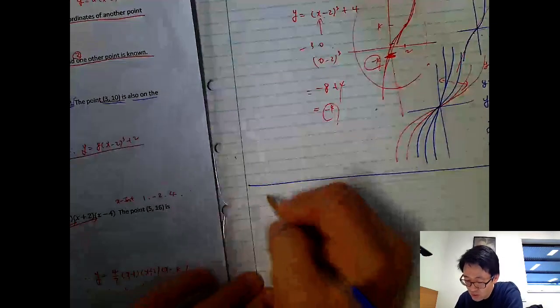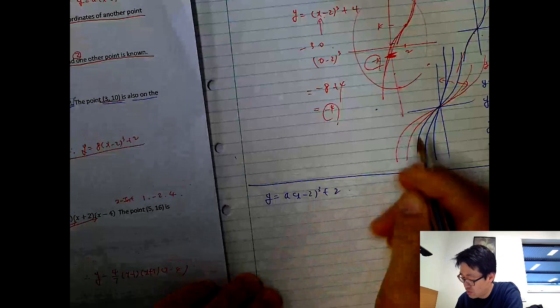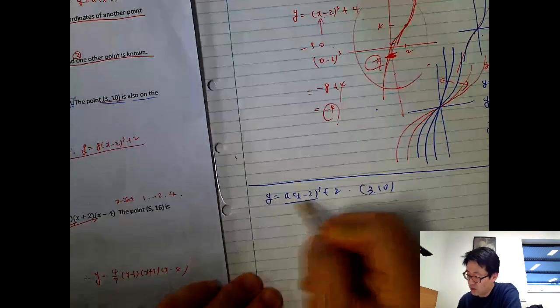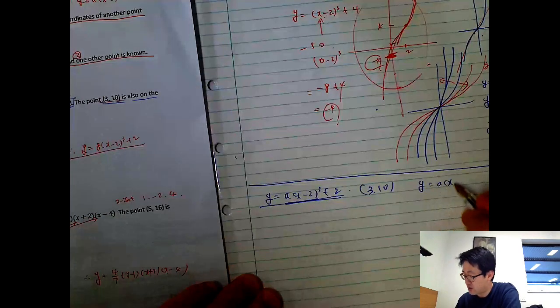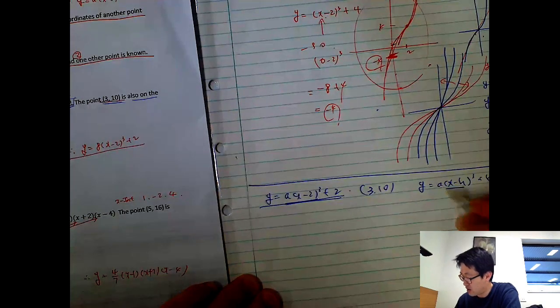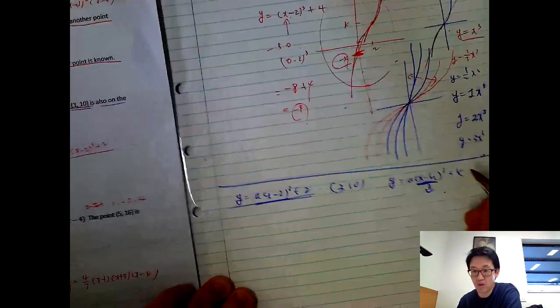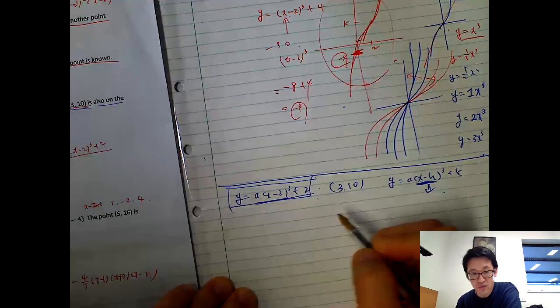Therefore, all I need to do, y equals a(x minus 2) cubed plus 2, and that passes through (3, 10). Since they have y equals a(x minus h) cubed plus k, I have only one solution, only one x-intercept. Hopefully you can figure that out now.